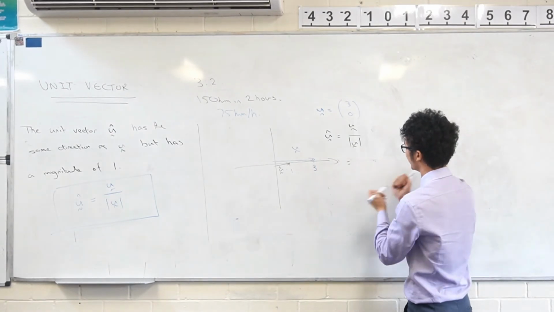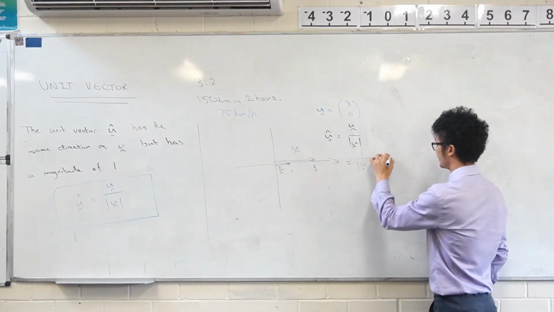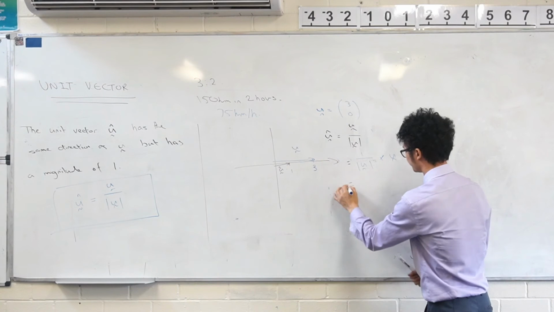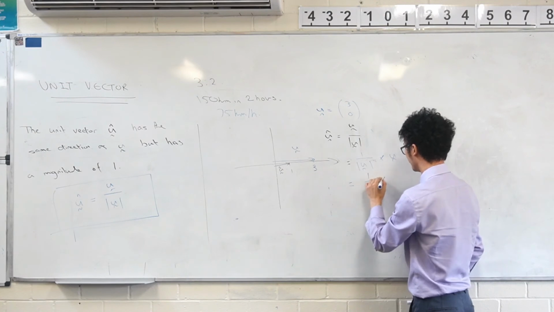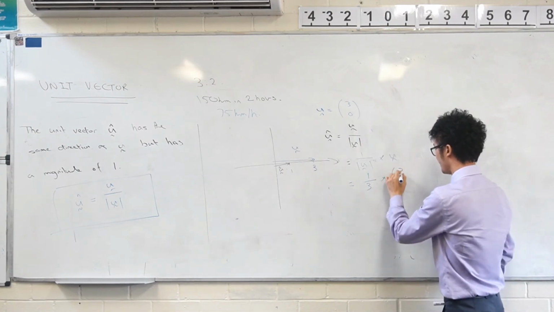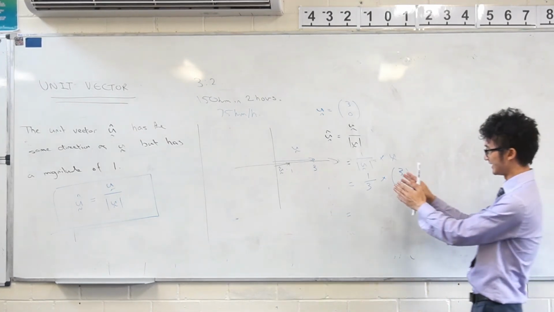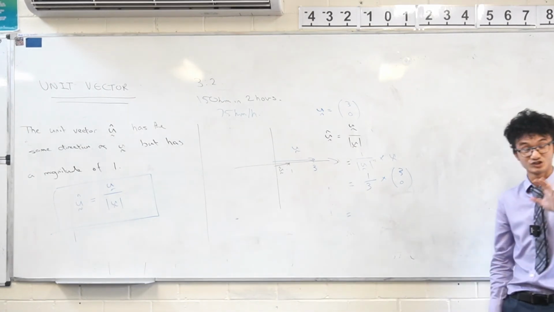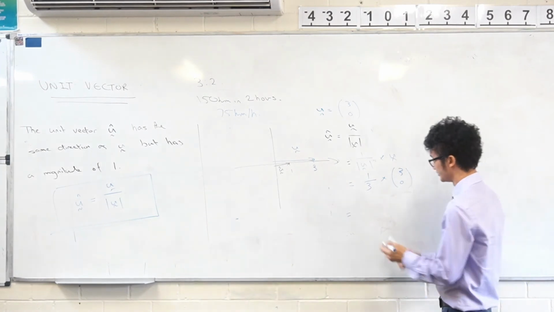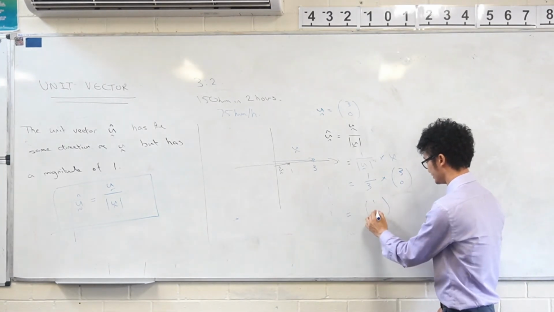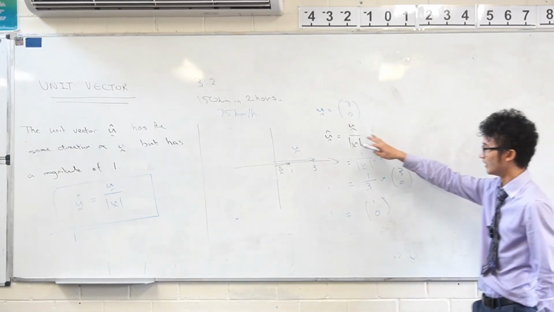So I can write this as 1 over the magnitude of u, times the vector. The magnitude of this is just the length, so that's 1 over 3 times this vector here. We need to define what multiplication looks like when we're talking about scalars, because that's a scalar and this is a vector. You're just multiplying the horizontal and vertical components. So if I multiply this by 1 over 3, that gives me 1, and 0. And that is, in fact, 1, 0. Can you see how that works? This is how the formula naturally gives us this: we're dividing by the magnitude.